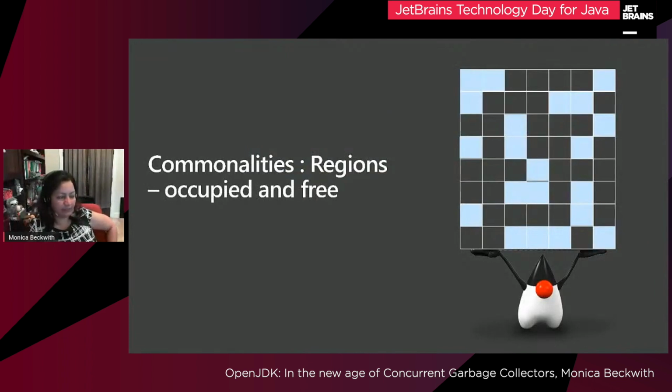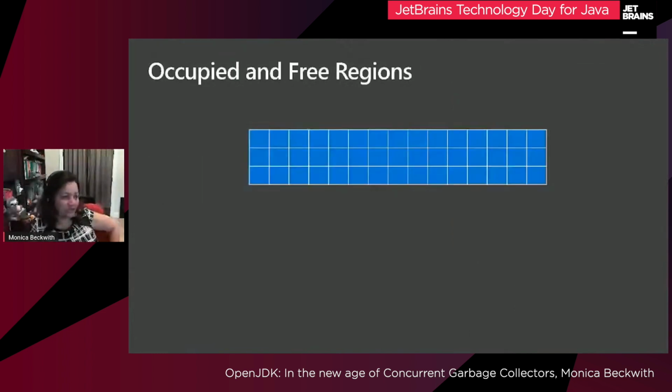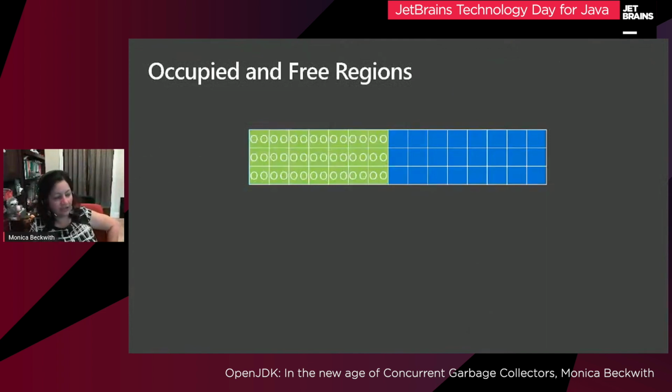The second commonality that I wanted to cover was the concept of regions, and what occupied and free regions mean in these newer collectors. So again, going back to our heap, we have a bunch of regions, and I'm trying to introduce the same concepts that I had introduced earlier. Green is basically when objects are coming in, and O represents objects.